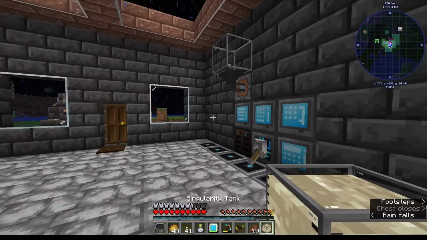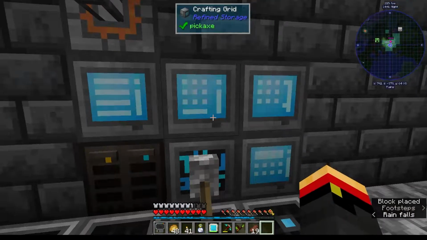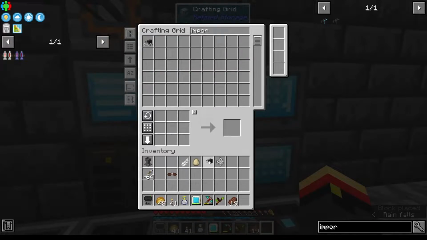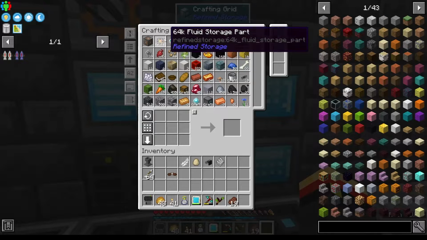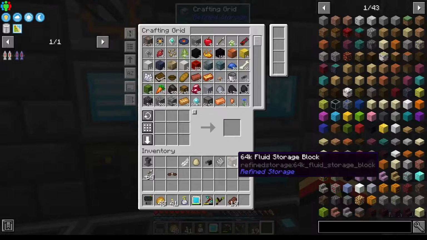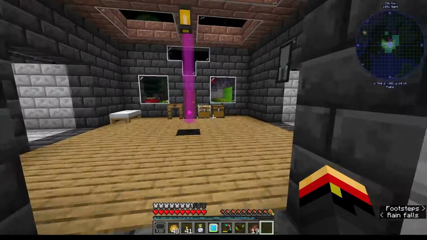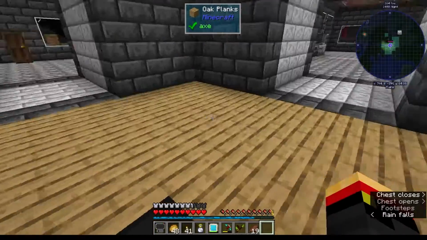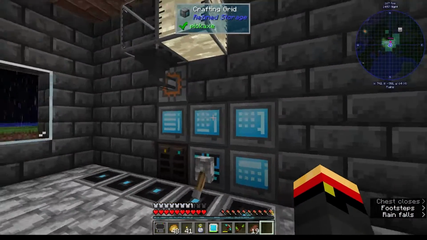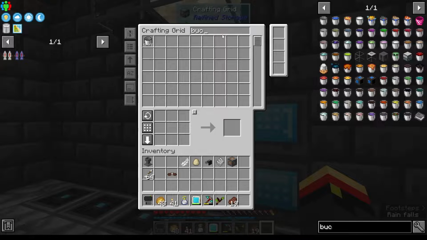So let's put this somewhere. We'll take the importer. We'll take the storage thing. Do I have a filter for the Thermal Expansion latex? I don't think that I do. No, I don't. Okay, so we're going to need a bucket of this latex, the other kind of latex in this pack.